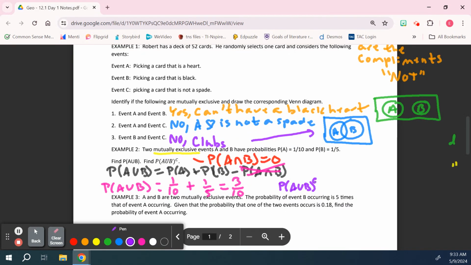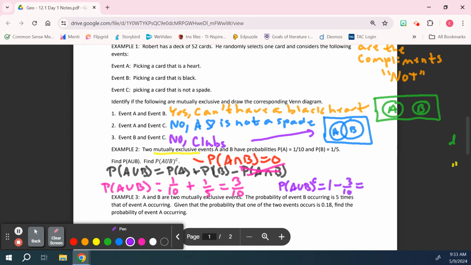Okay, so this is coming back to what we learned yesterday during that ed puzzle. Everything equals 100%. Okay, but we're using fractions, so in this case, everything has to equal 1. So in order to find the complement, we're trying to find everything that is not the probability of A union B. So that is 1 minus 3 over 10.